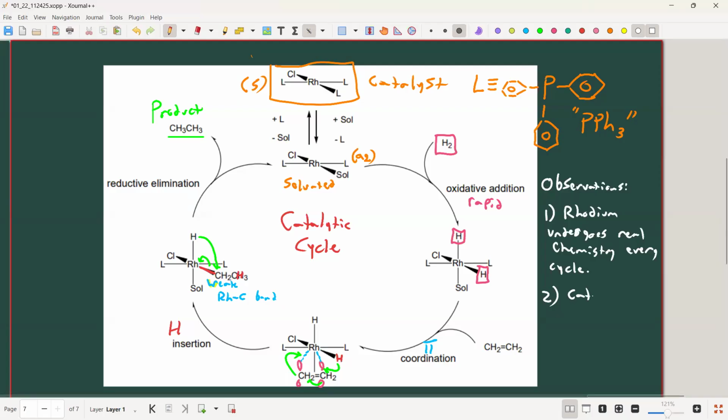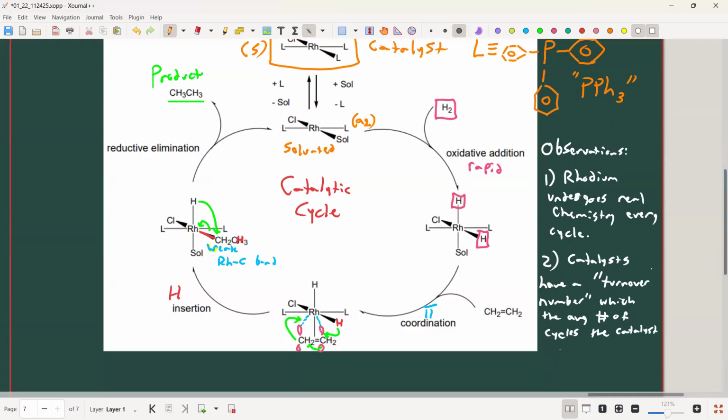Catalysts have what's called a turnover number, which is the average number of cycles the catalyst can do before breaking down, before decomposing.